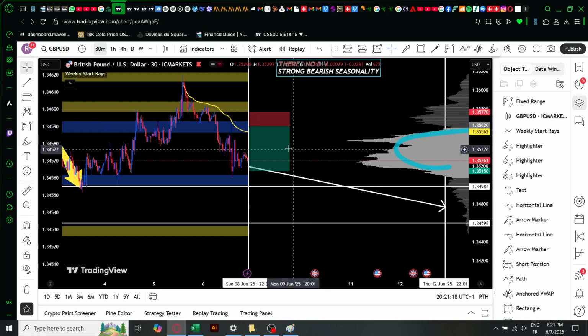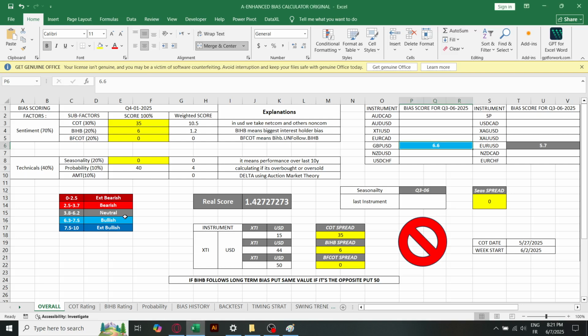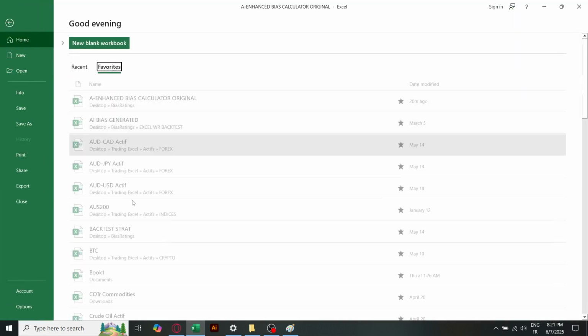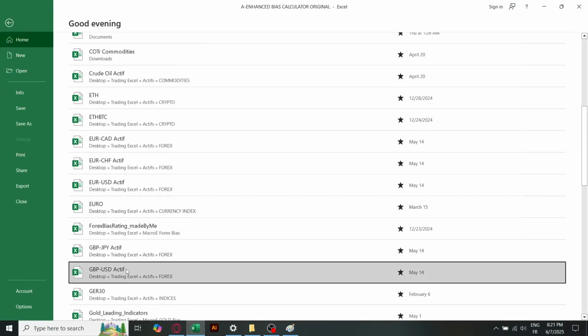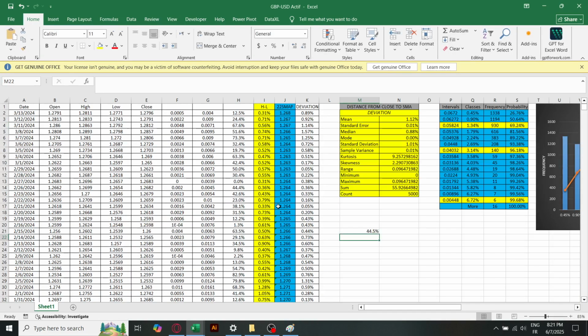30%, which, if I go to the GBP or the pound data, we can see how much the pound makes per day.